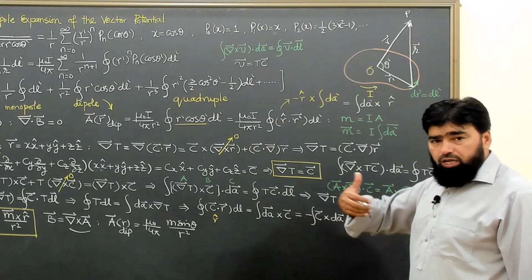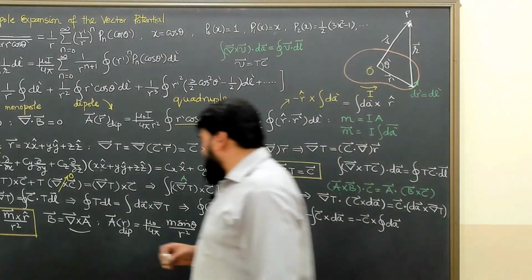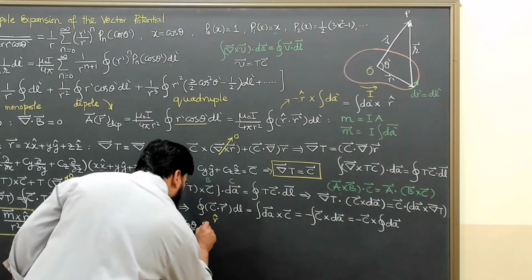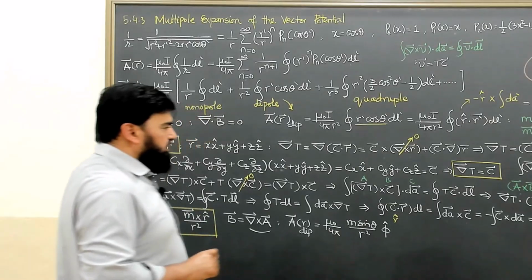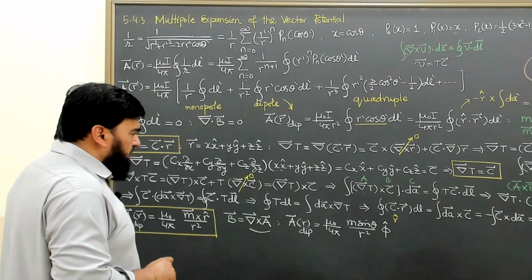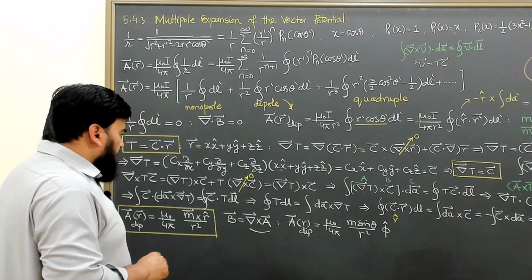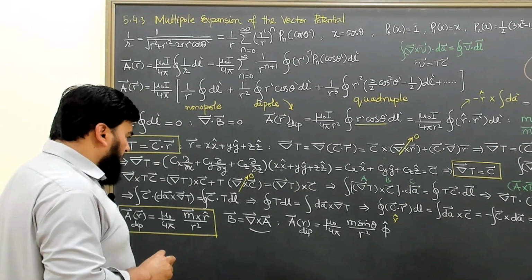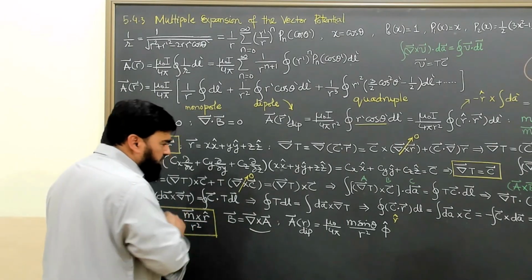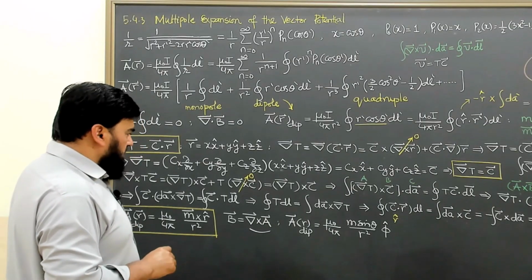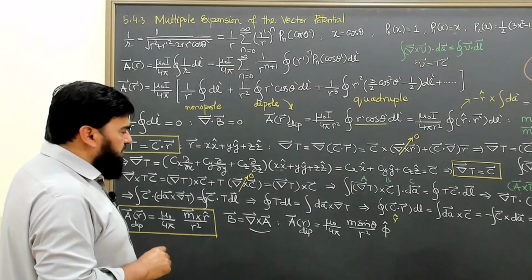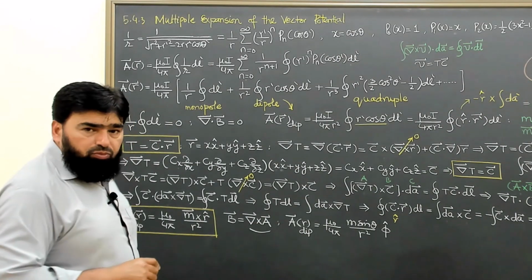So for the loop, it will be in the azimuthal direction, that is the phi direction here. So we have this in the form of phi, and now we are able to find the magnetic field from this. We will write this relation and then find the magnetic field.